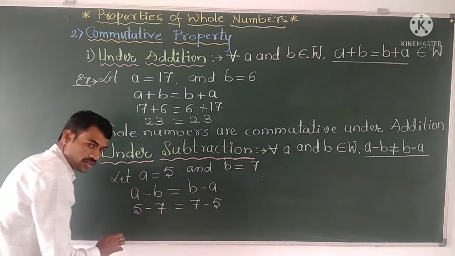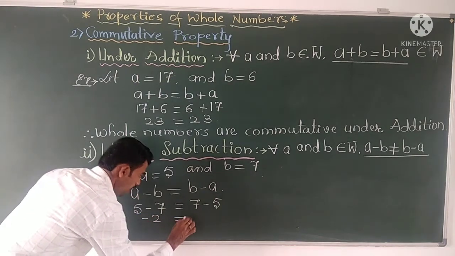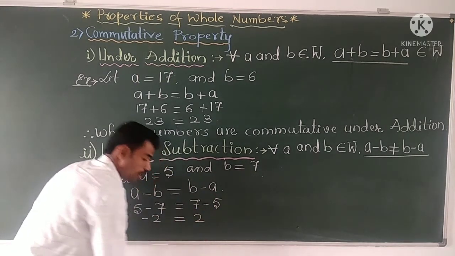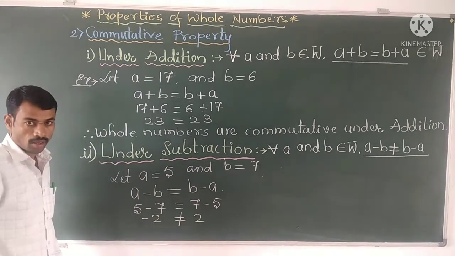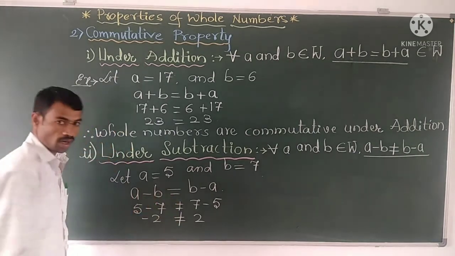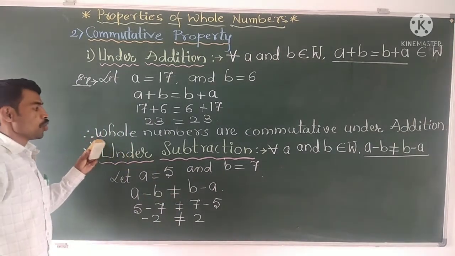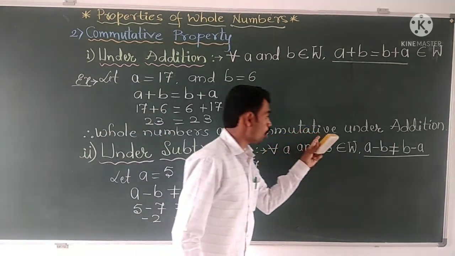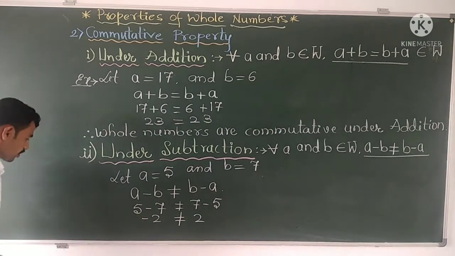What is the difference? 5 minus 7 is minus 2, and 7 minus 5 is plus 2. Are they equal? They are unequal. It shows that whole numbers are not commutative under subtraction.